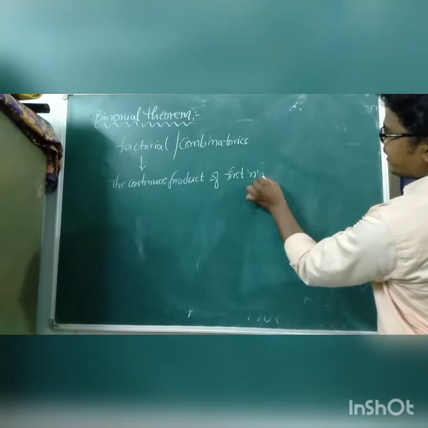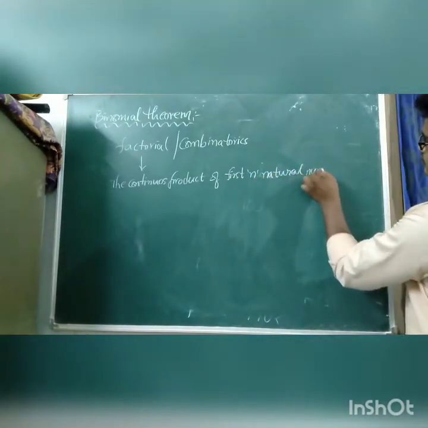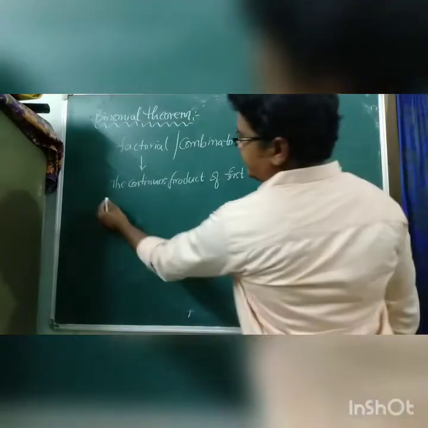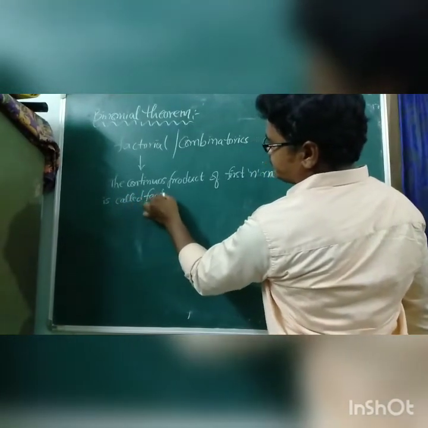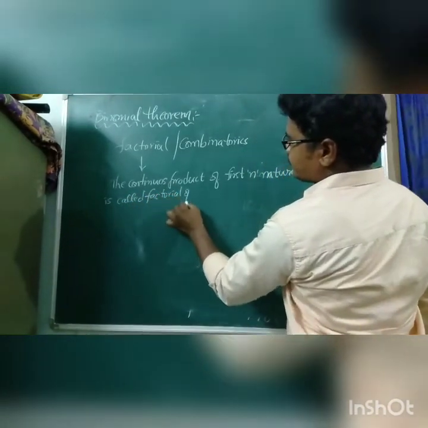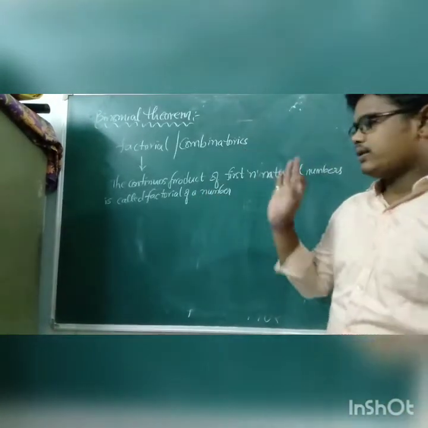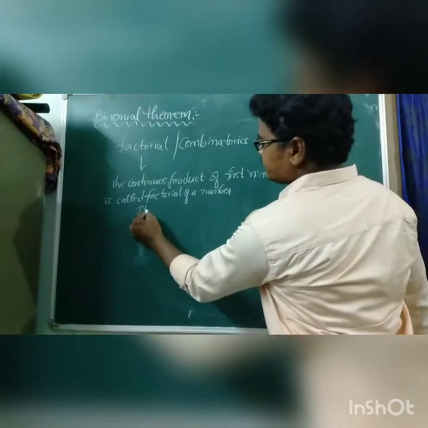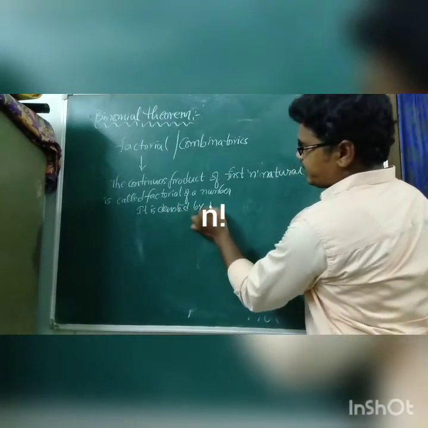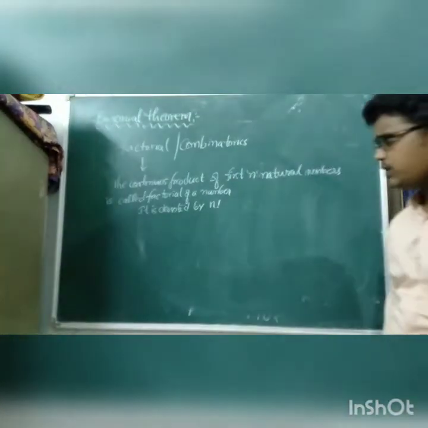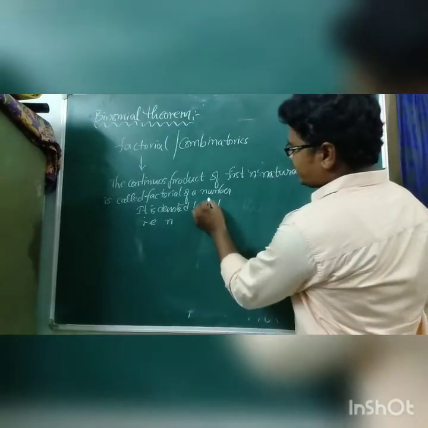The continuous product of the first n natural numbers is called the factorial of a number. It is denoted by n factorial.